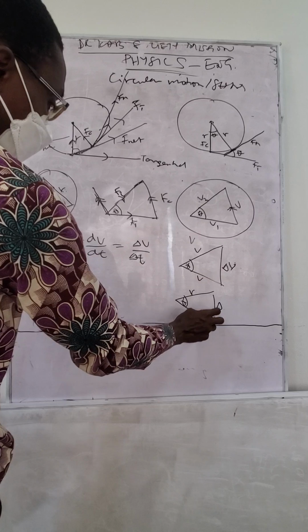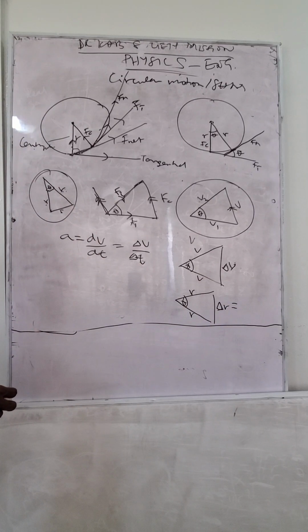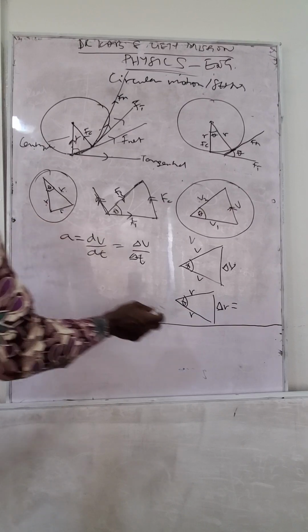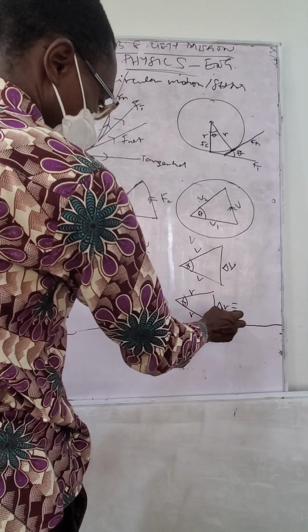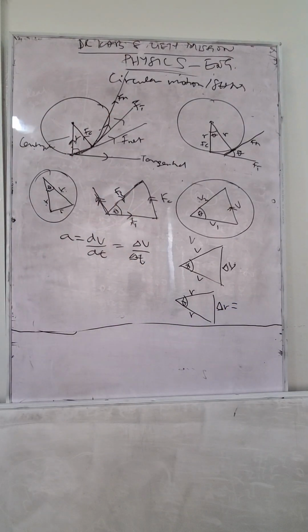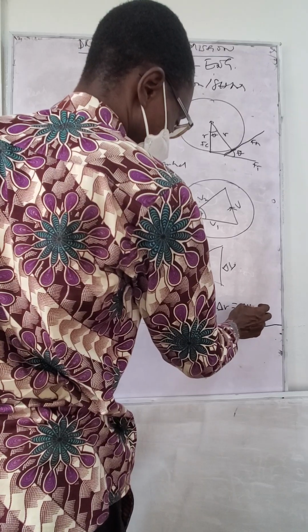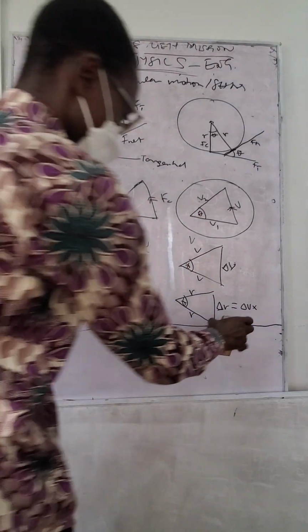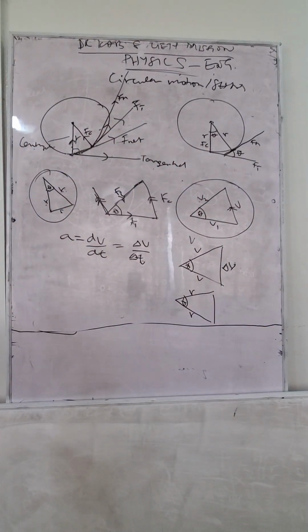So this should be changing what? This change in R is the same as distance. The R will be distance. If you want to find this angle, that will be the change in velocity, or it will be your velocity.